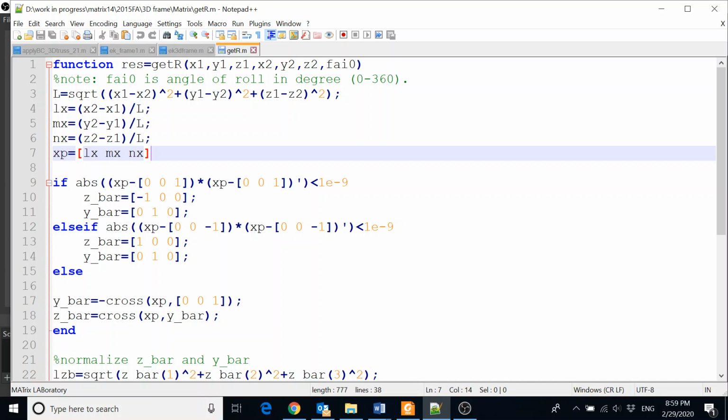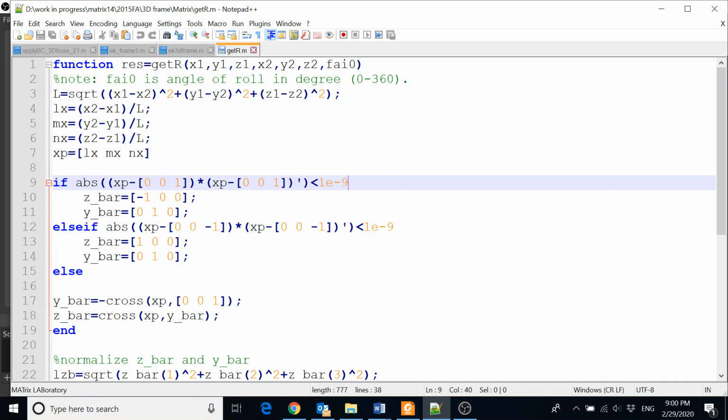For example, to see if this one is vertical, I just need to do this one minus the z vector, and then I just times its transpose, which is actually just times each component together and add them together. See if it's smaller than this value.